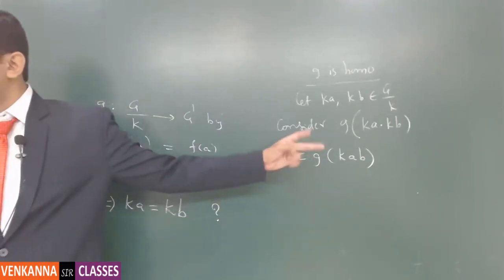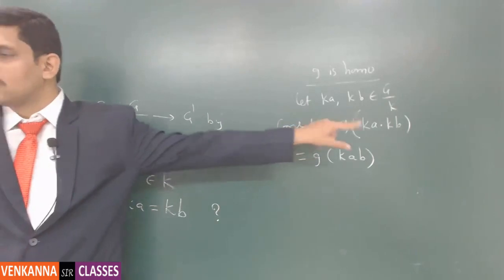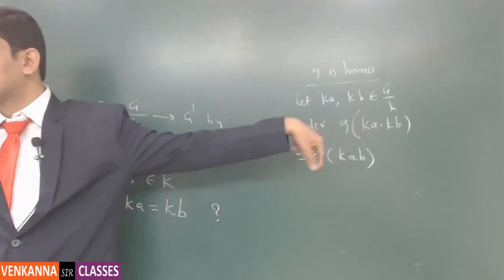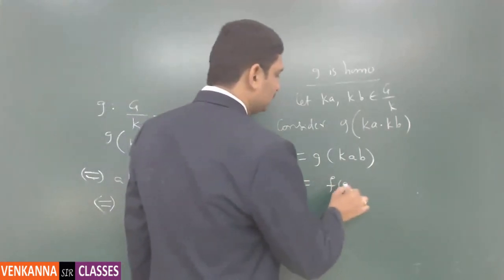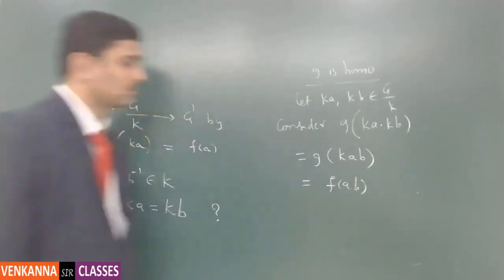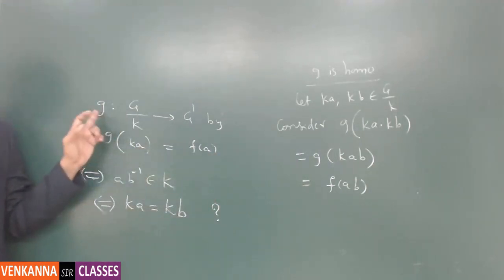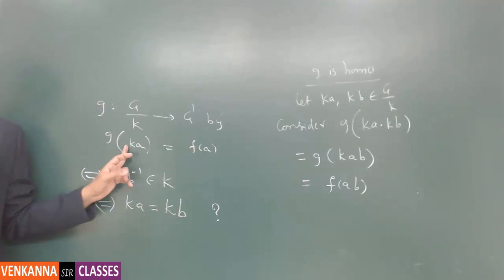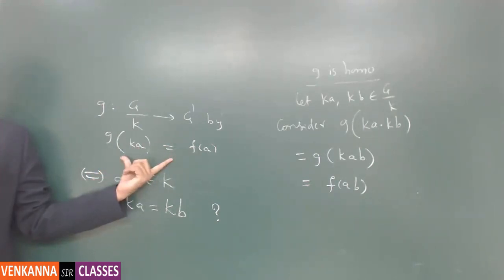Because how do we multiply two cosets? The set will remain the same. We simply multiply the elements. This is equal to f of ab. How did this come? Because this is the definition of g. Whenever you get a coset, for the element you apply f. This is the definition of g.